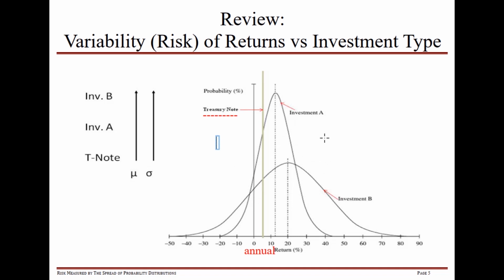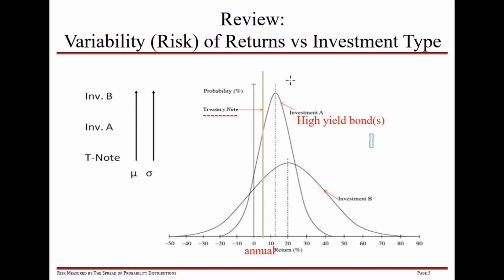And another thing, let's contrast this treasury note investment with a couple of other investments. For investment A, it could be something like a high yield bond or just a pile of high yield bonds that we've put together. And the first thing to notice here is that the average return that we'll get for that bond or those individual bonds is higher than what we've got for the treasury.